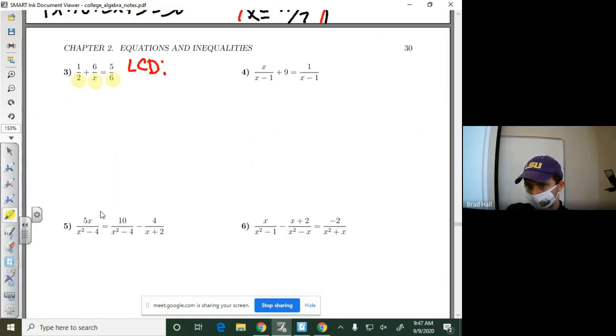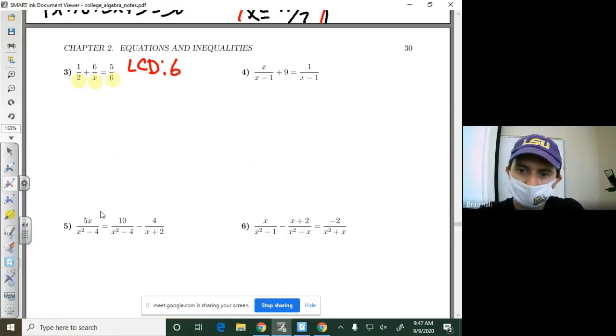So with the numbers, it'd just be 6 to start off. Because what is the smallest number that 2 and 6 both go into? It's just 6. 6 divided by 2 is 3, which means 2 goes into 6. 6 divided by 6 is 1. 6 goes into 6. So that takes care of the numbers aspect.